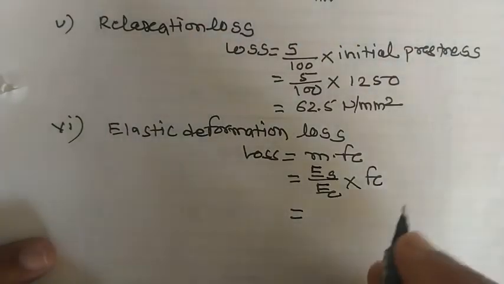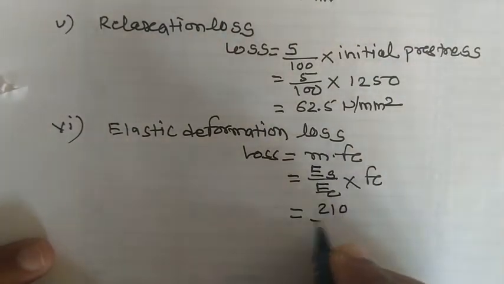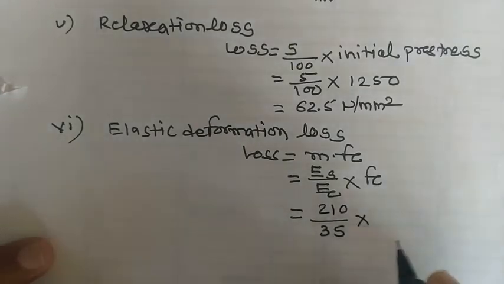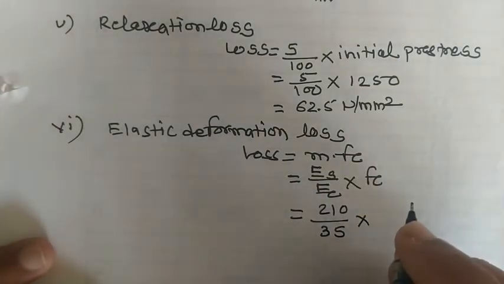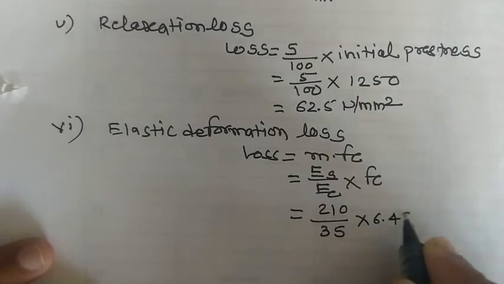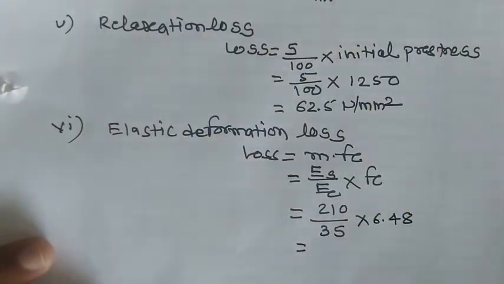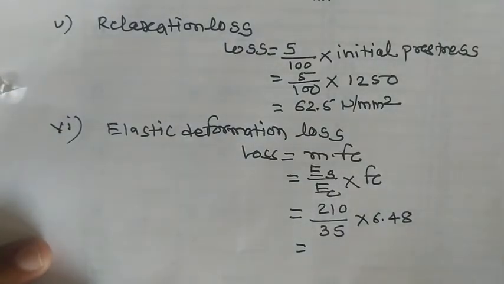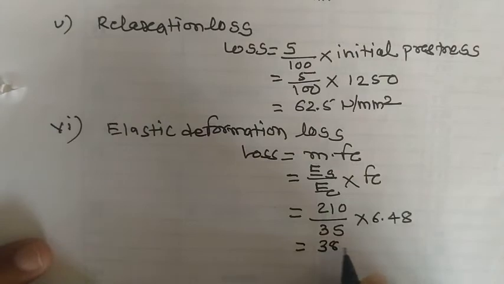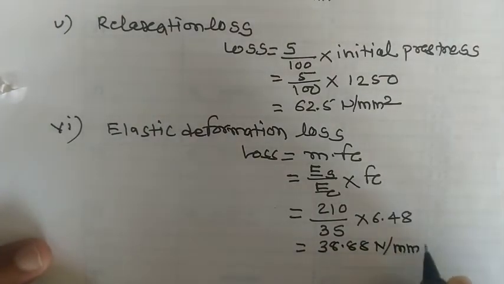Young's modulus of steel is 210, Young's modulus of concrete is 35, FC is 6.48. So 210 divided by 35 is 6, multiplied by 6.48, it is 38.88 Newton per mm square.